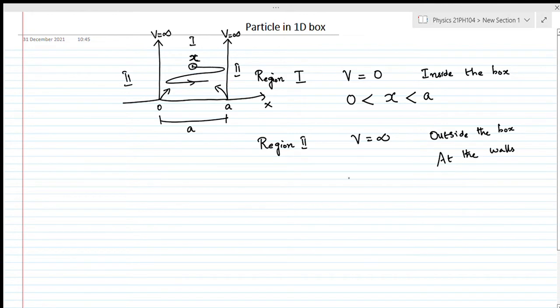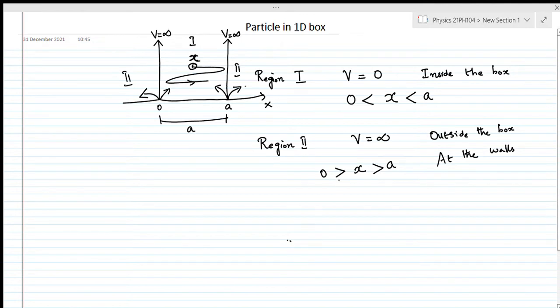Whereas outside the box and at the walls in region 2, you can write x less than 0 or greater than A. This is about outside the box.